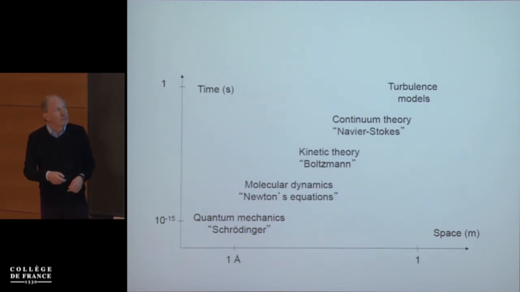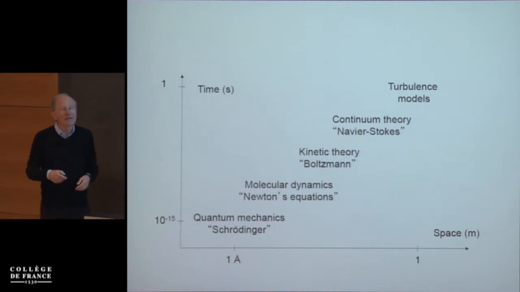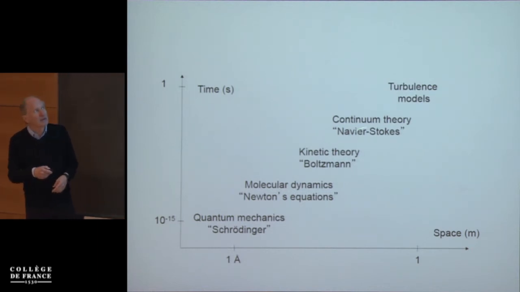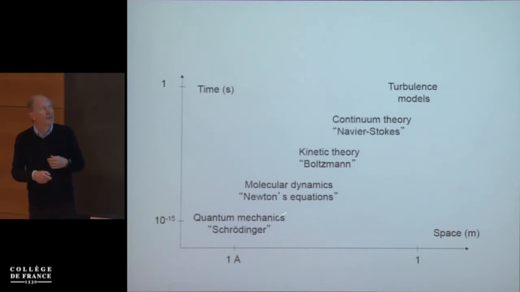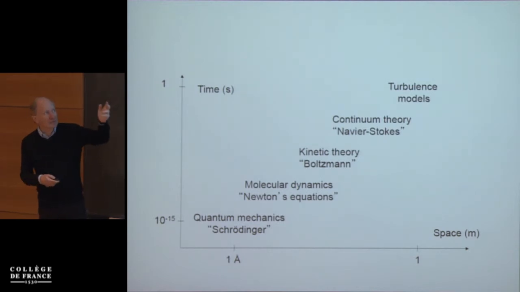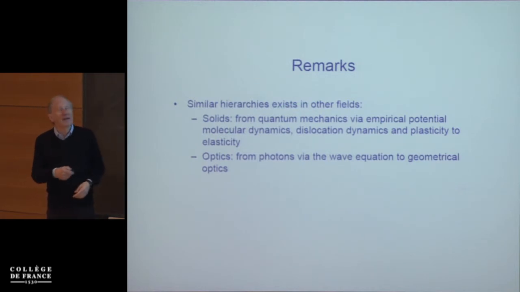numerical methods for those. So what you would call a multiscale method is essentially either that the range is very large, as it could be in turbulence, and you have to do something there, or that you need coupling between different scales, different models. If you look at solids, for example, you could go from quantum mechanics all the way to elasticity.